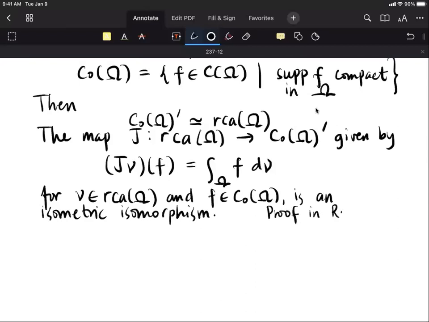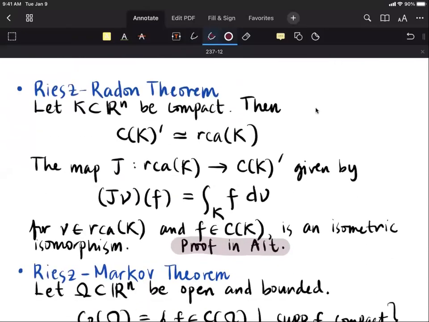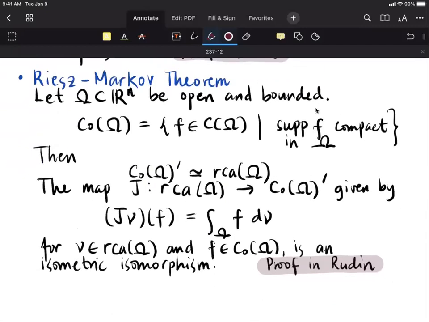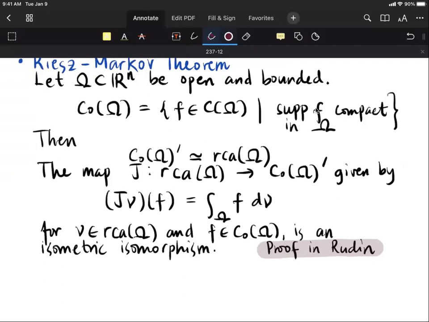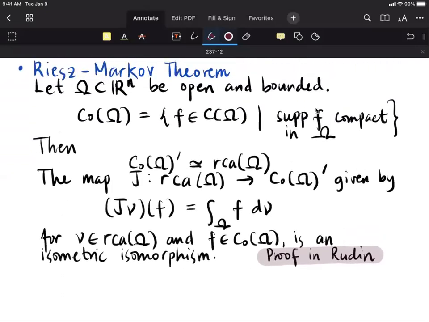The proof can be seen, for instance, in the book of Rudin. Or you can use the Riesz-Radon theorem and the Hahn-Banach theorem, extending a function in C naught omega up to its closure. So that's an alternative proof. Or probably that's the proof provided in Rudin.